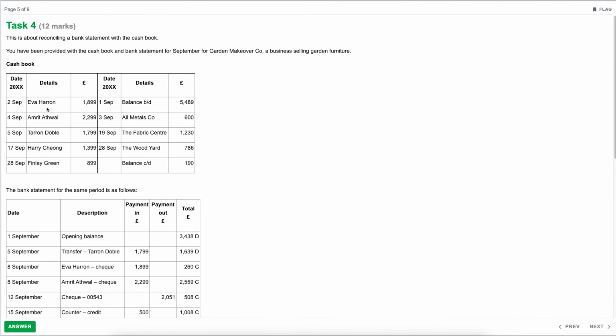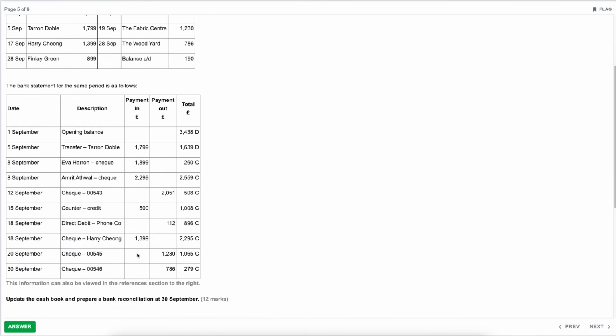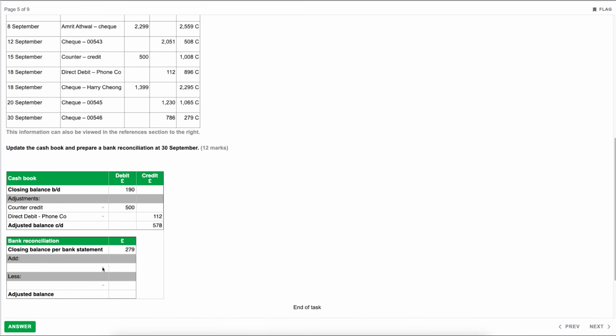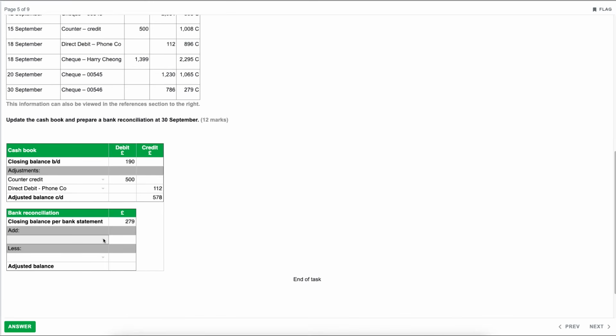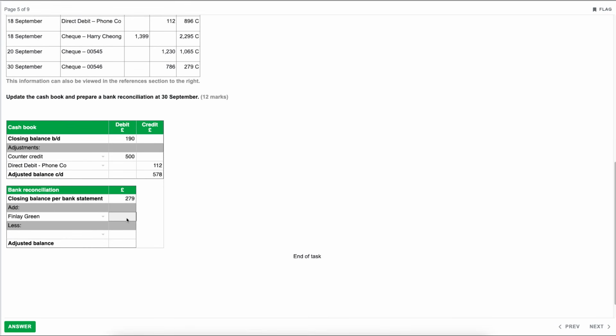Now that is on the debit side of our cash book and therefore income. So it would be a payment in that we're waiting on. So we need to add on, and it was, scroll down slightly. So it was for Finley Green. Let's just scroll up, double check the amount, 899. Okay, so obviously when that comes in, that would be add onto our bank statement balance because it's income.